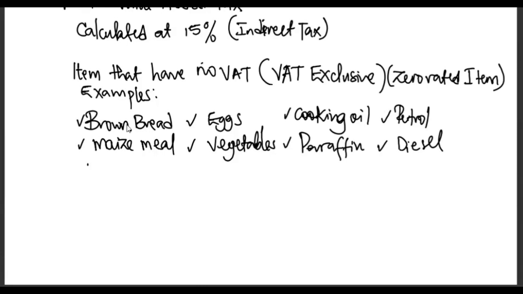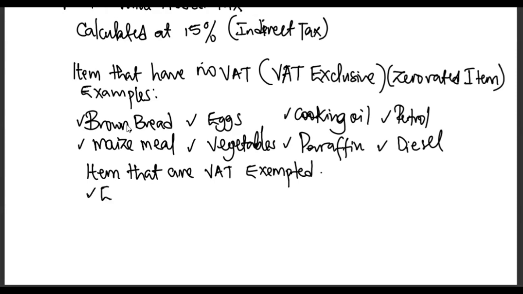Then we have items that are VAT exempted. Items that are VAT exempted. These ones, VAT was removed from them. All right. These ones would be services. Most cases, we have the educational services. We have the transport services.